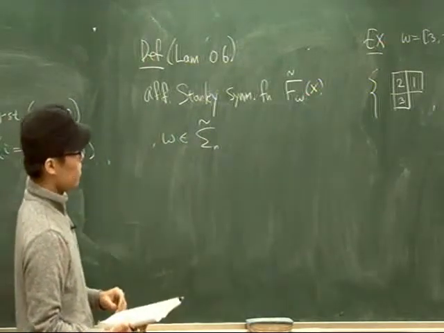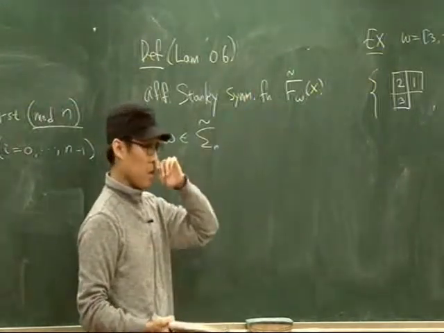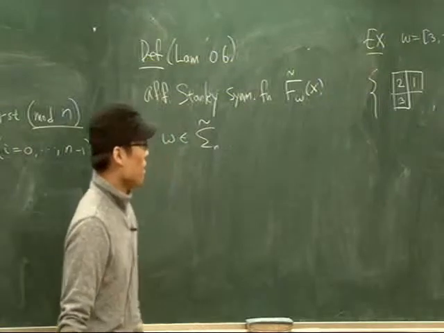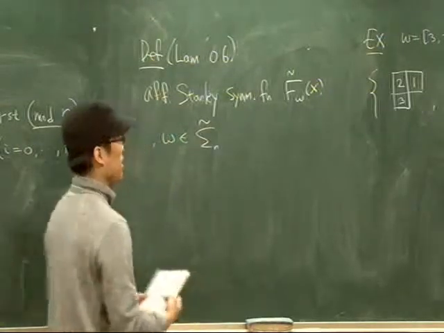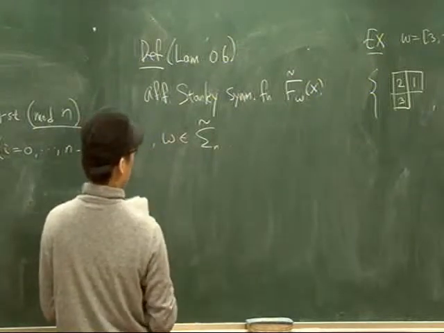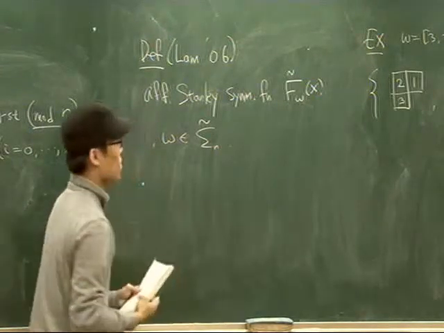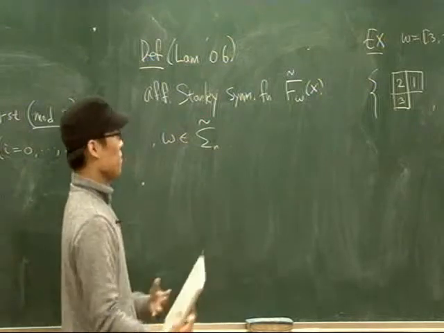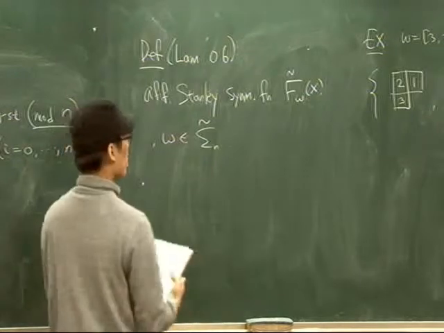I won't give you a definition of the affine Stanley symmetric function because it needs many new concepts and definitions to be explained. But I'll just say that this is a very nice affine counterpart of the classical finite Stanley symmetric function.